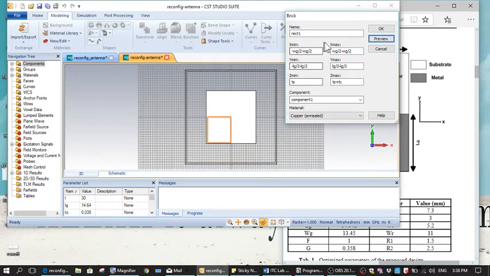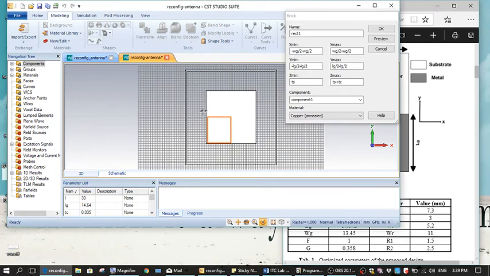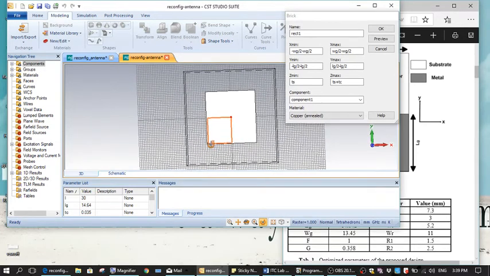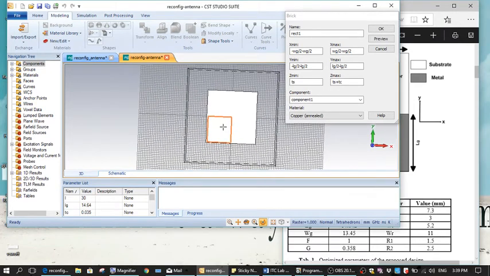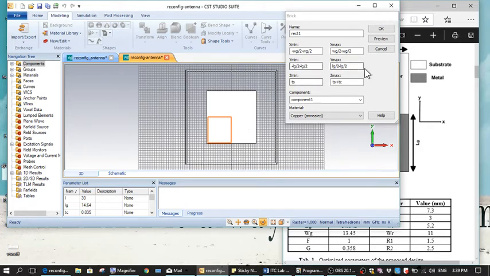So you see it's done, but in the paper it is at the boundary, but here it's not at the boundary. So okay, let's press 5. Then we need to push it more towards the left side.